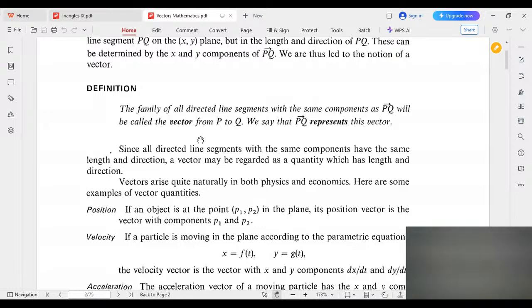I hope there is no problem understanding the definition of the vector.